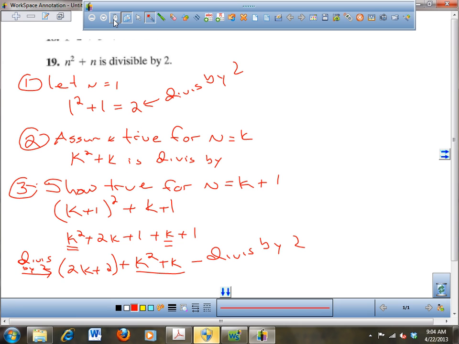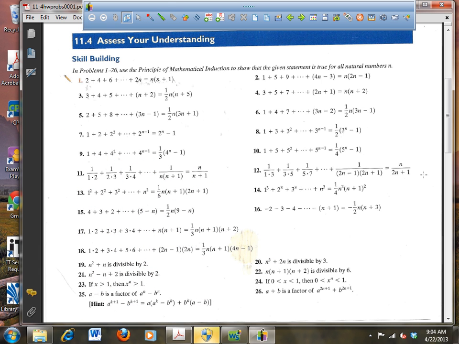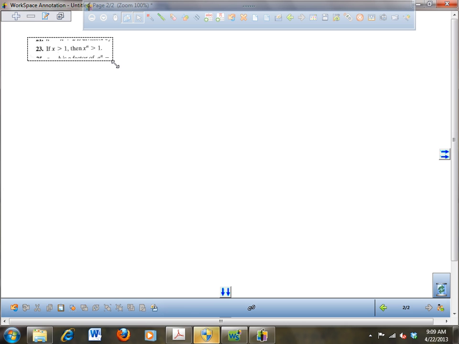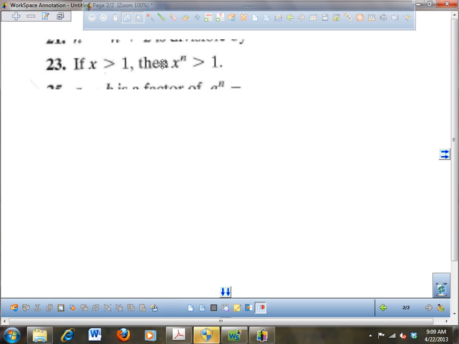You should definitely be able to do the previous ones that we went over, 1 and 3 and stuff like that. And we can look at number 23, but I think 23 is really kind of pretty easy if you think about it. It says, show that if x is greater than 1, man, I don't like red. Do you like red?